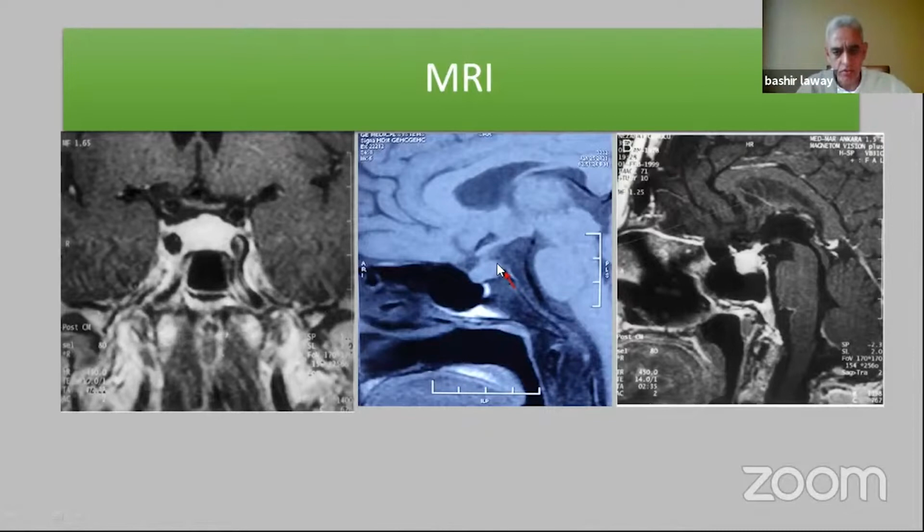This is the pituitary gland which is enlarged, and you can see this is the stalk, which is thickened. I have taken this from my friend Dr. Riaz. Professor Chaudhary has already reviewed this while sending it for publication. If we give a contrast, there is an intense and homogeneous uptake.